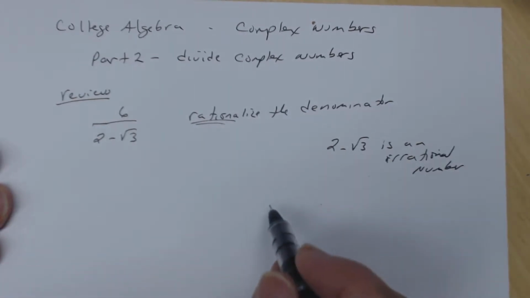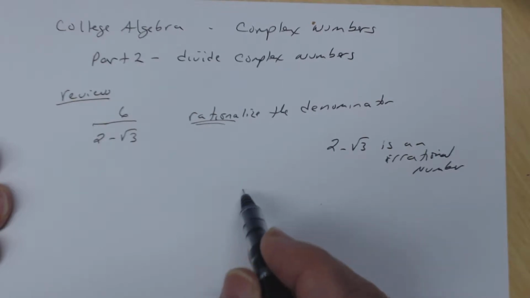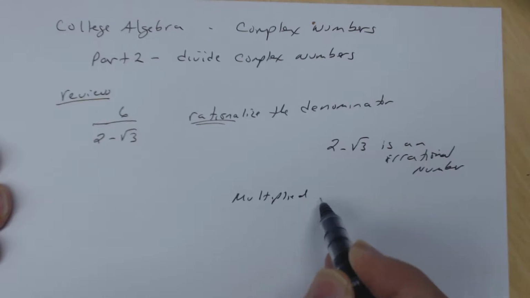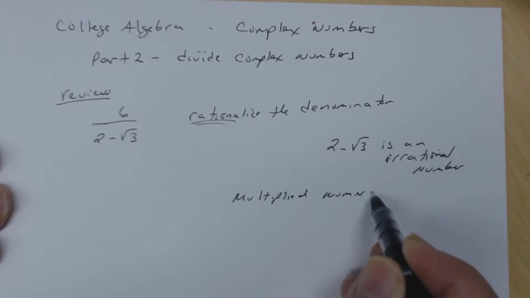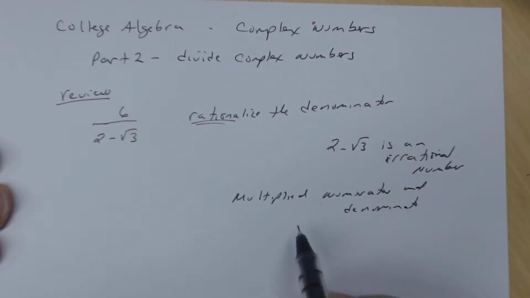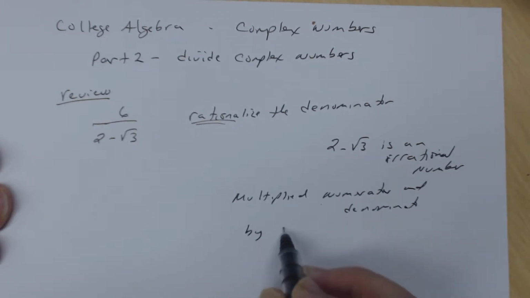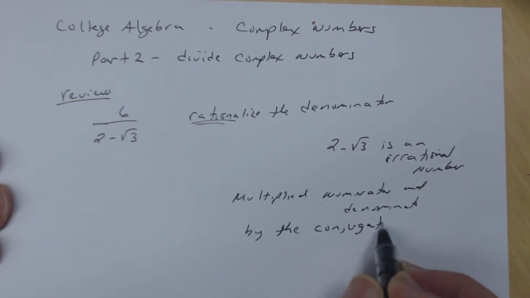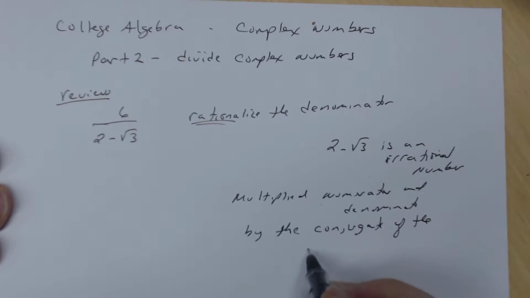And so remember what you did was you multiplied numerator and denominator by the conjugate of the denominator.